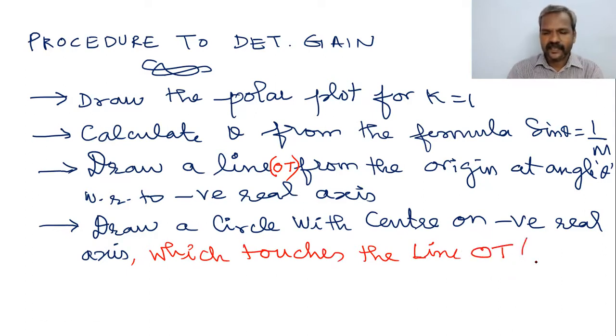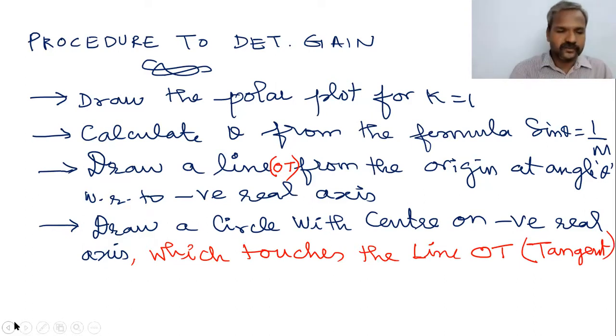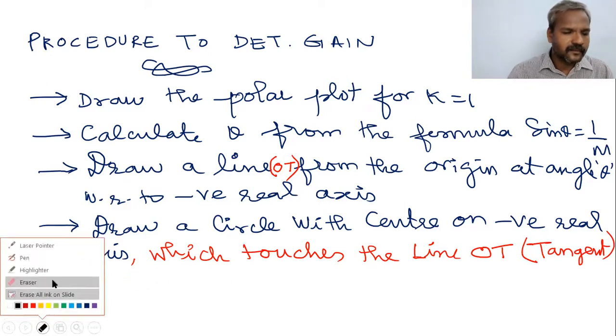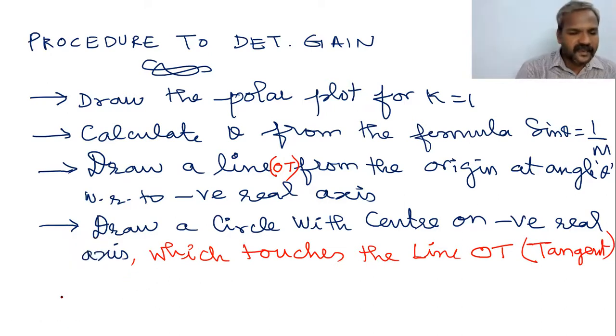When it touches the line OT, that is called a tangent. So it is tangent to the line OT, and also touches the polar plot.